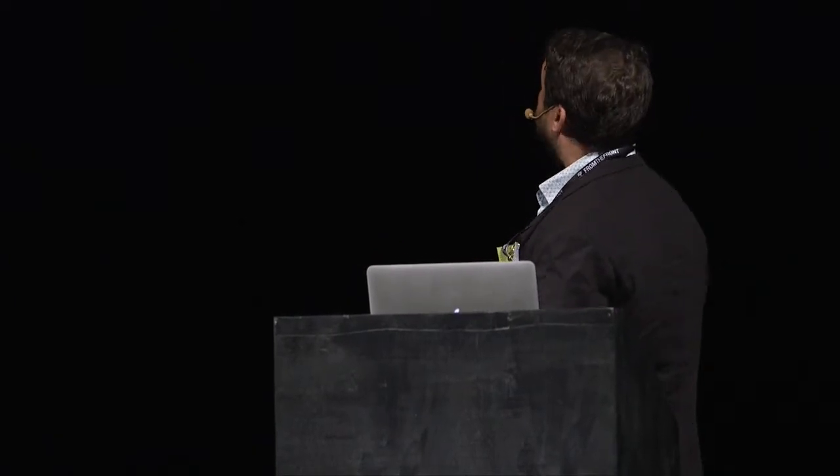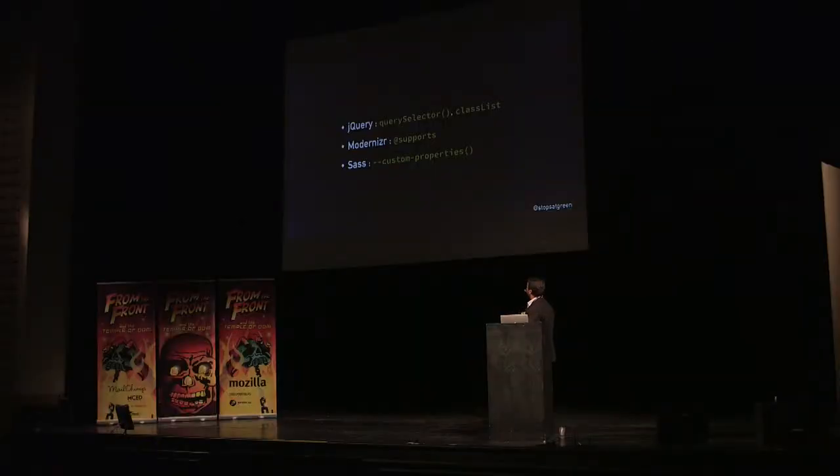Through these, we've come up with new standards that have been adopted into the main languages: querySelector and querySelectorAll and classList from jQuery, the supports rule from Modernizr, the picture element, the main element, all kinds of things. So we make stuff as well. But we have to make things and then wait for other people to optimize it and adopt it natively.